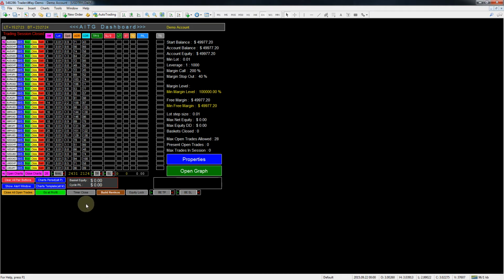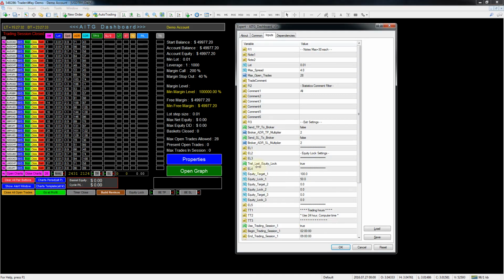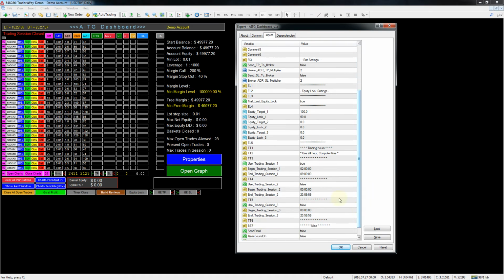Now we also have a timer close, and what that looks at is you go back into the properties and you set up a trading time. Like here it is set up for 2 a.m. to 9 a.m., which is Central Standard Time, because this is your computer time, remember.